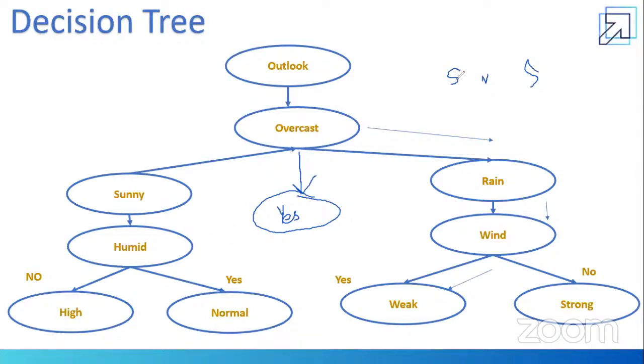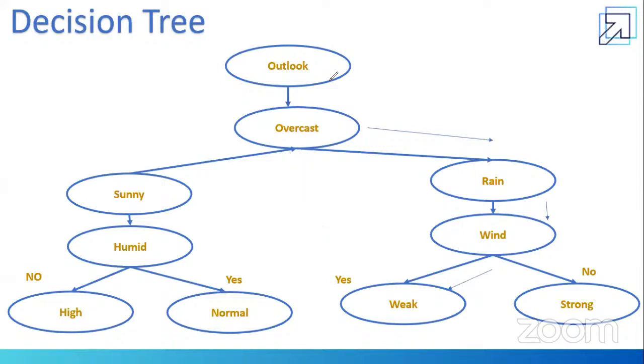Yes. How? The outlook is sunny, then humidity is normal. Then no matter how the wind is, the child can go out to play. Okay, so this is how it works.